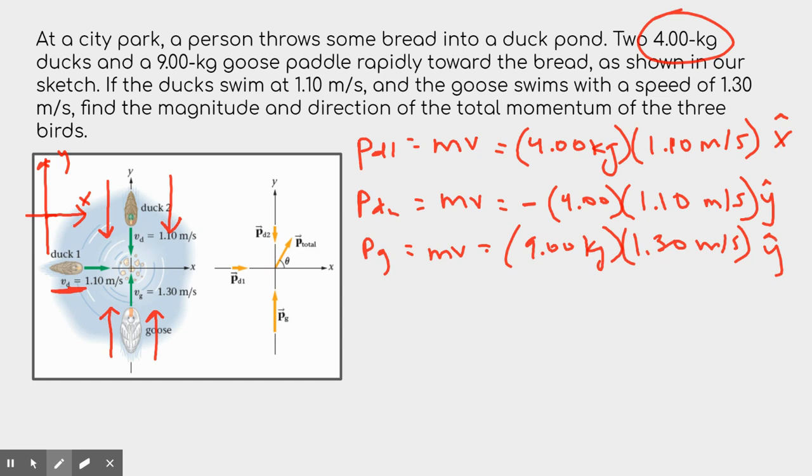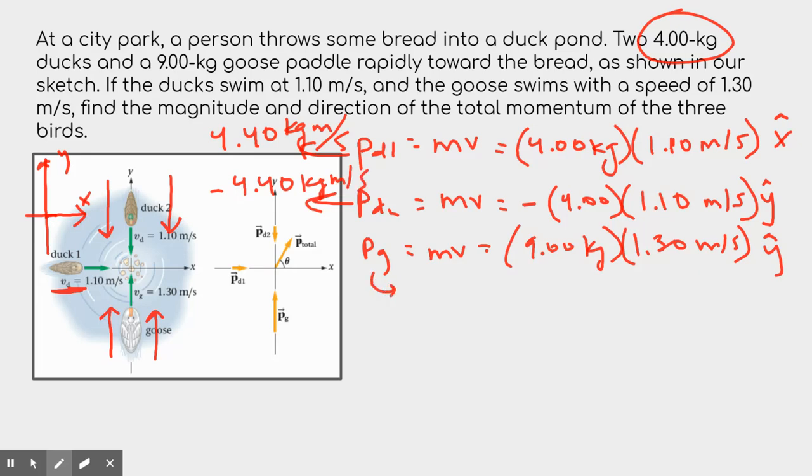So we can do the math on each of these and find the momentum. So the first one is going to be equal to 4.40 kilogram meters per second. This second one is the same but opposite, negative 4.40 kilogram meters per second.